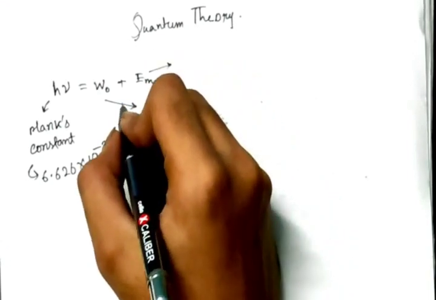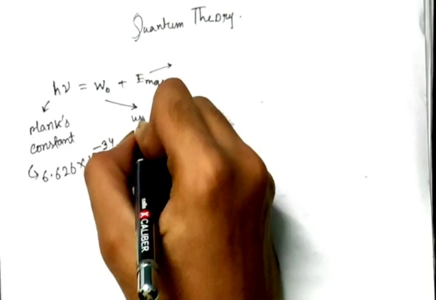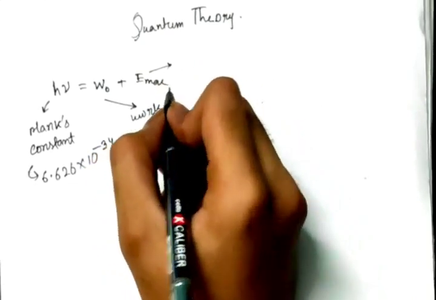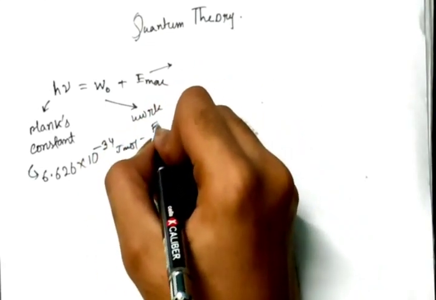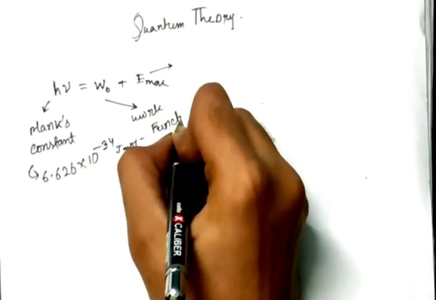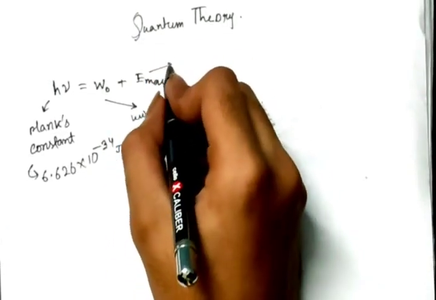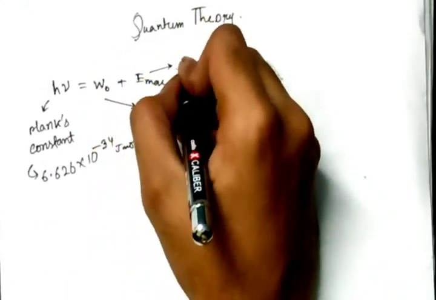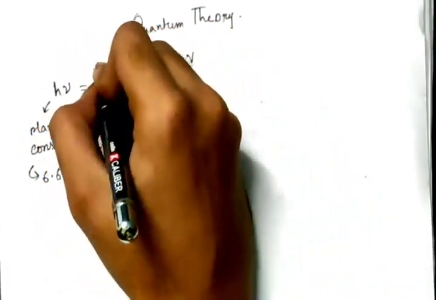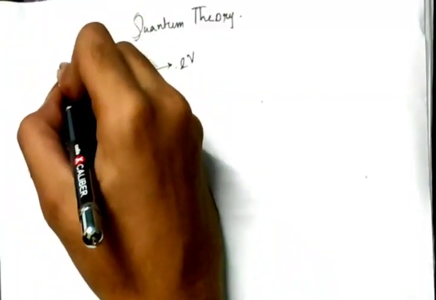And this omega naught is known as the work function. I will discuss it within a minute, but we should know the denotations. This is energy, and it is written in electron volt.